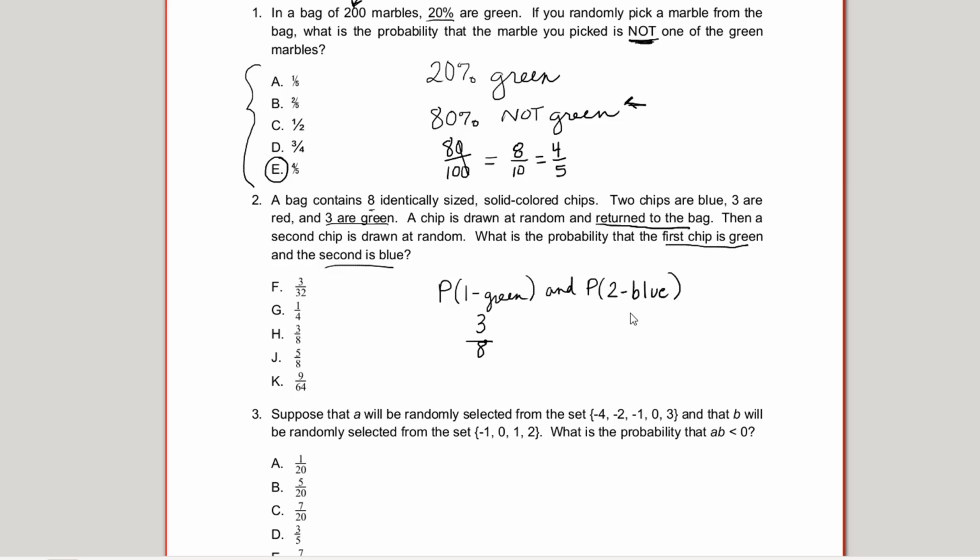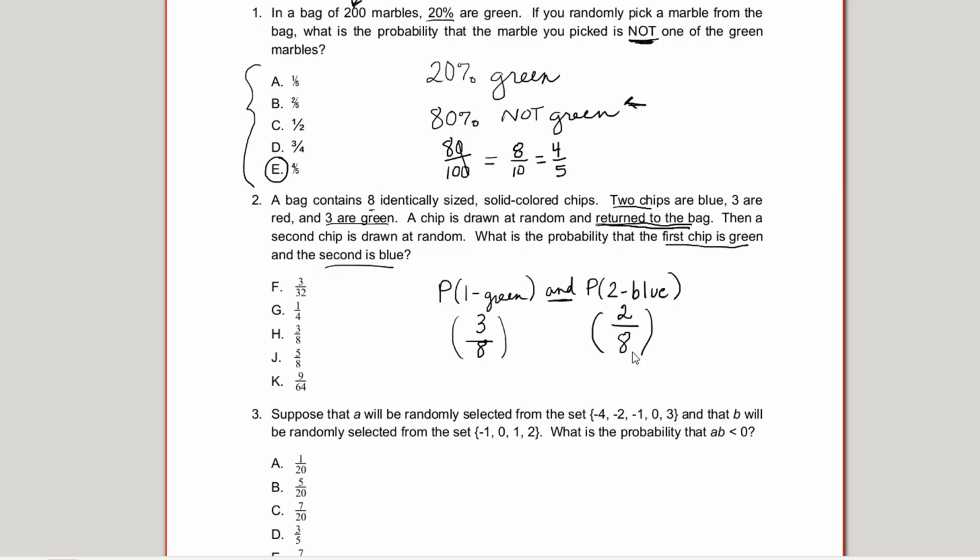Now we have a probability that the second chip is blue, but remember, we returned the green one to the bag. So first of all, let's look. There are how many blue chips? There are 2 blue. And how many chips total in the bag? There are 8, because we returned the one green that we had pulled out. So now we want to know the probability that both of these occur. 3/8 and 2/8 occur.